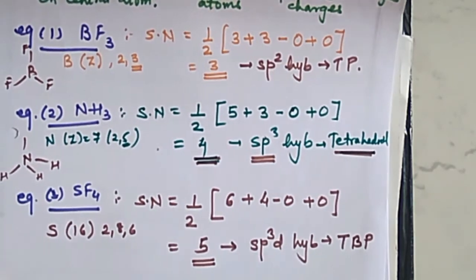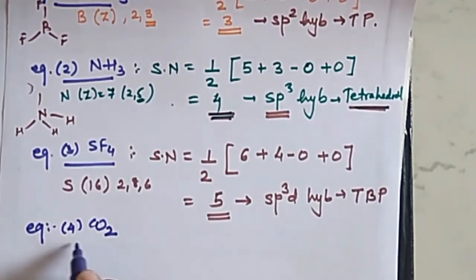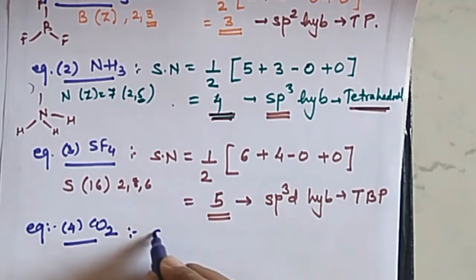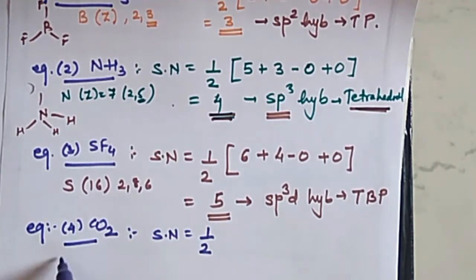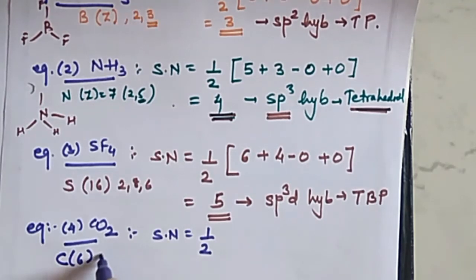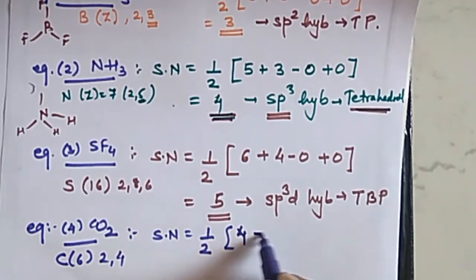One more example, if we want, we can take the example of, say, CO2. If we take CO2, now here see, the steric number is equal to half into carbon, atomic number 6, that is 2, 4. So valence electrons on the central atom is 4, plus the number of monovalent atoms attached.